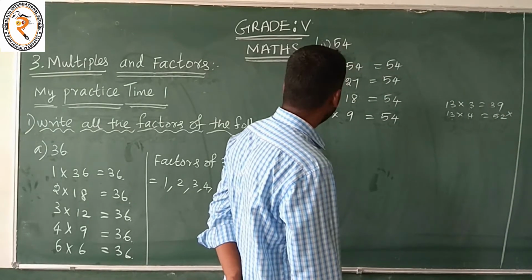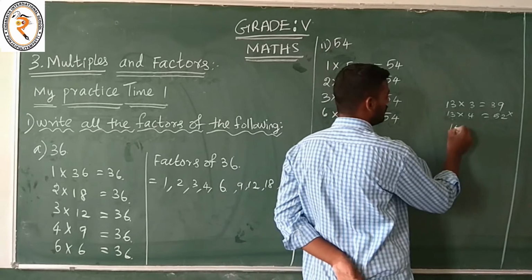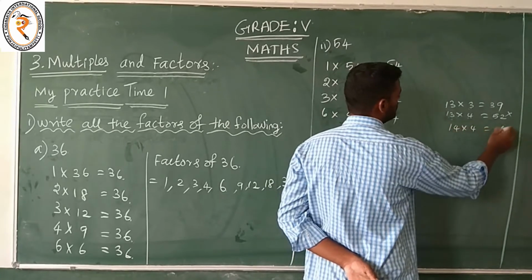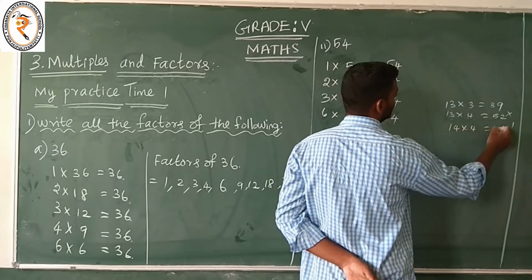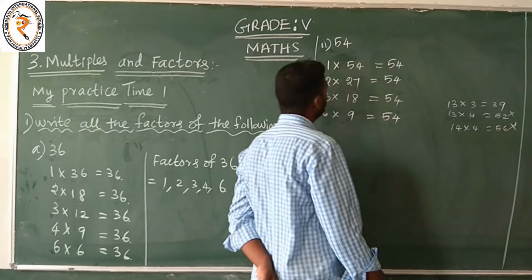Next, 14th table, 14 3s are 42, balance 12, so 54 is not in the 14th table.